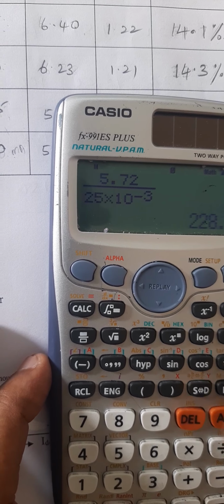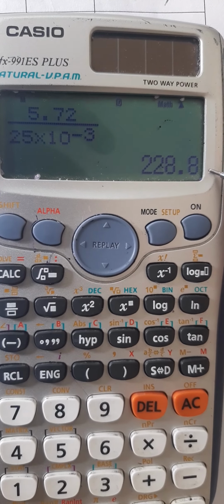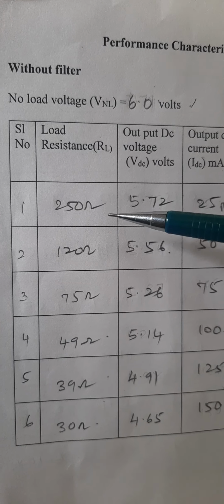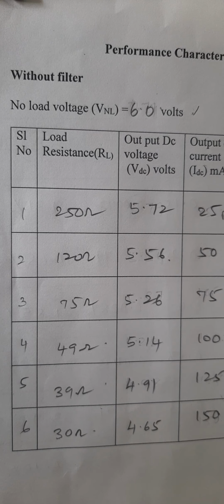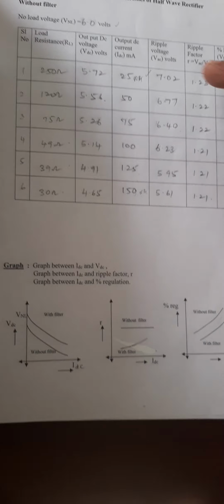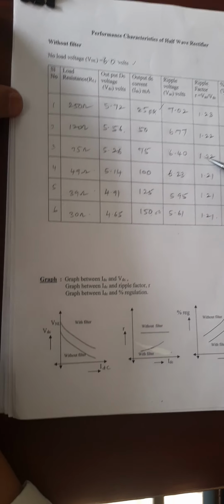If you get the value, it is 228.8, the theoretical value. The same value if you measure directly from the variable resistor is 250. So a slight change is there, so it is acceptable. Now these readings up to this one are the readings we have taken from the experiment.